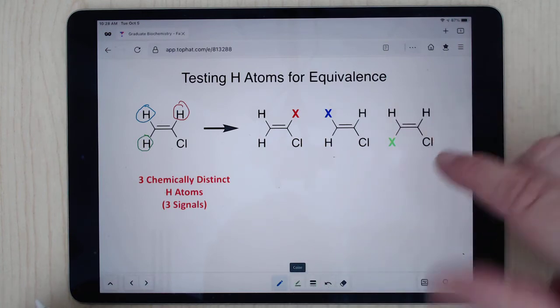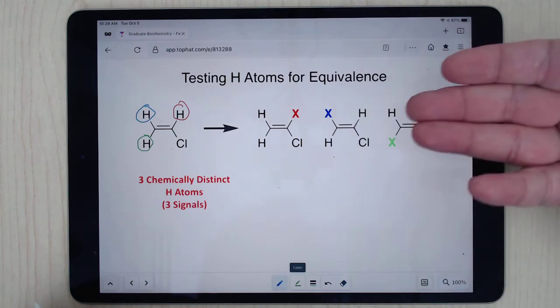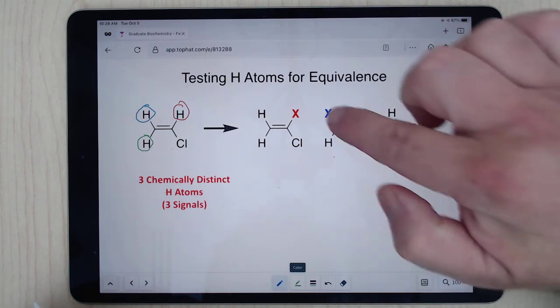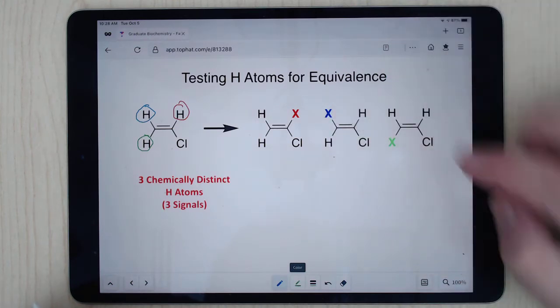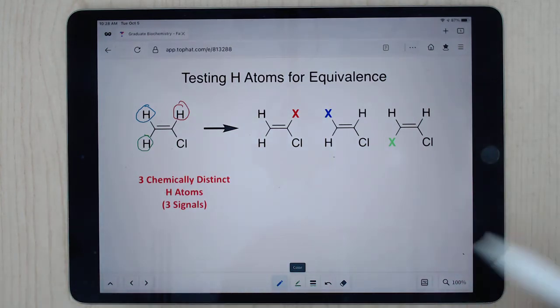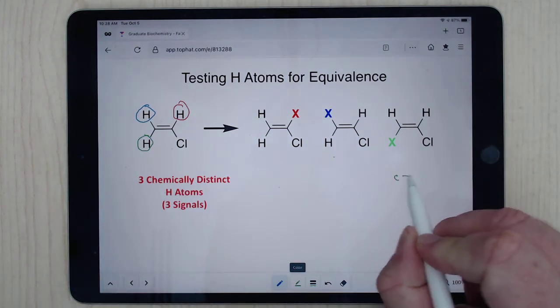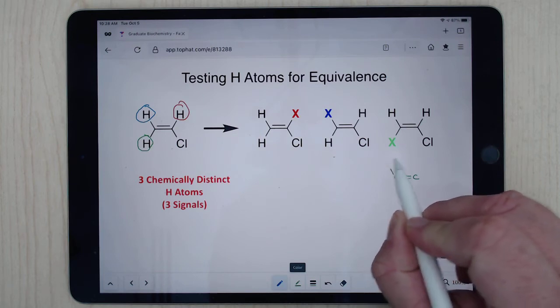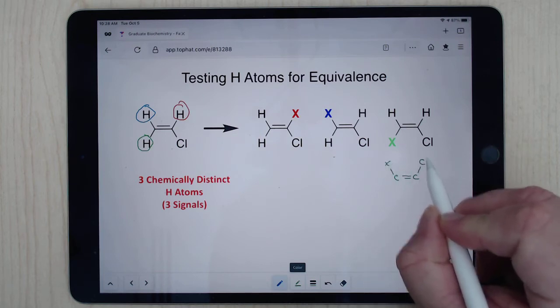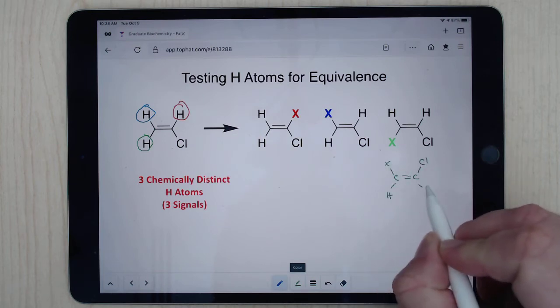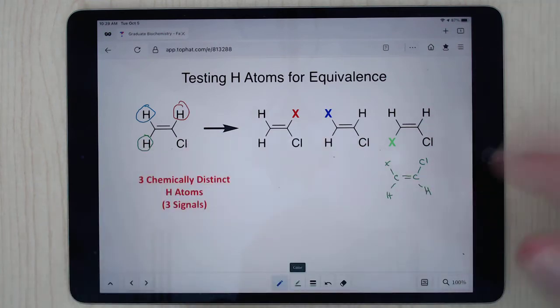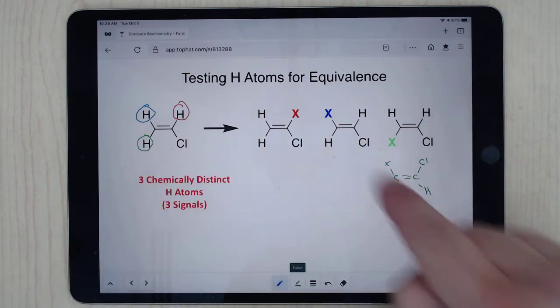Same thing with this one. If I tried to flip it over to get the green one in that blue position, now the structure would not be right. So the structure would be more like this. The X would be in the wrong spot, or the chlorine would be in the wrong spot. So if I flipped it over, it would look like this, and these are not exactly the same.